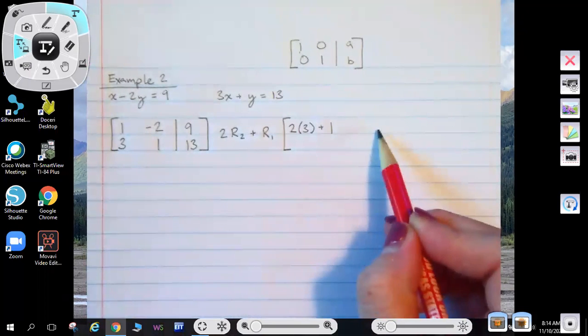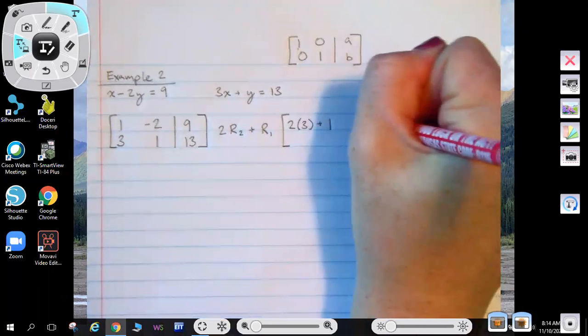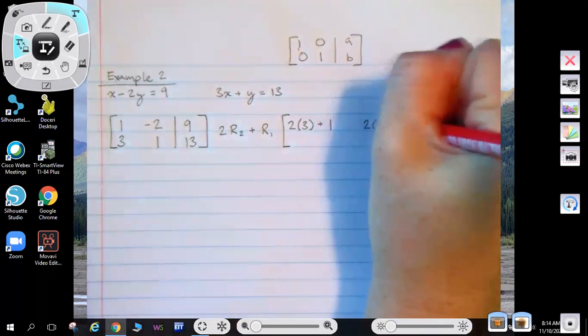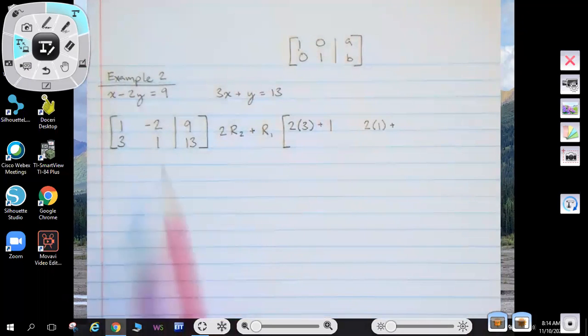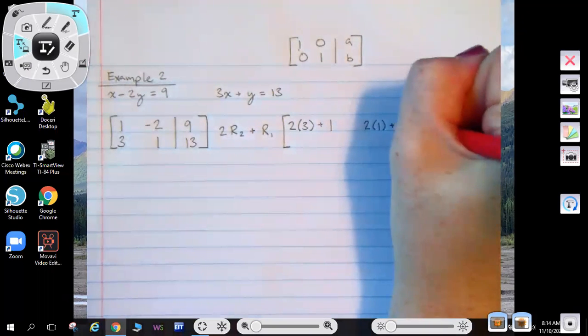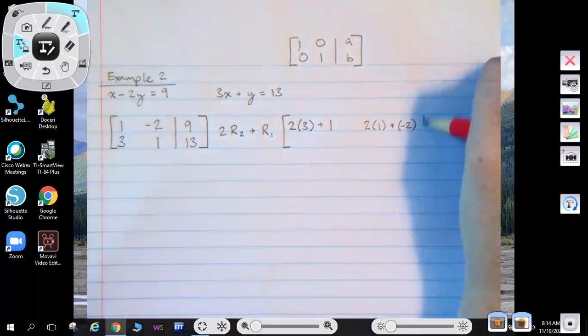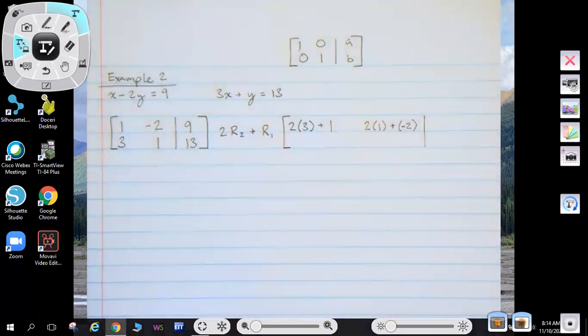Okay, second spot, follow this formula: 2 times row 2, which in the second spot is a 1, plus row 1, which is -2. Draw the bar, that means equals.